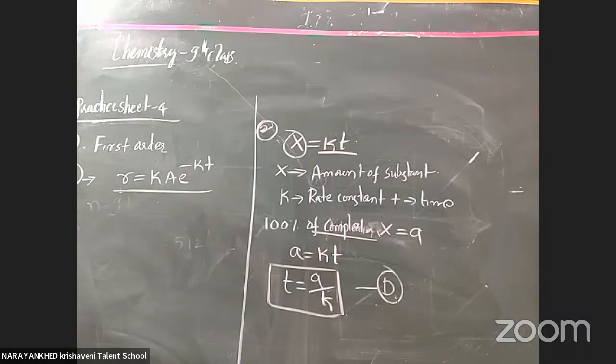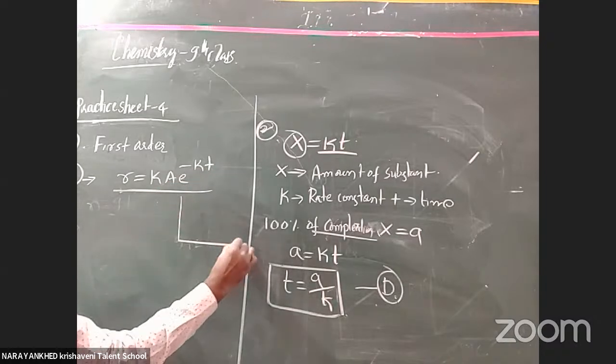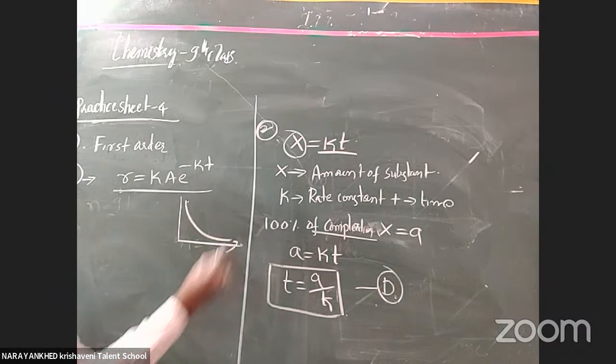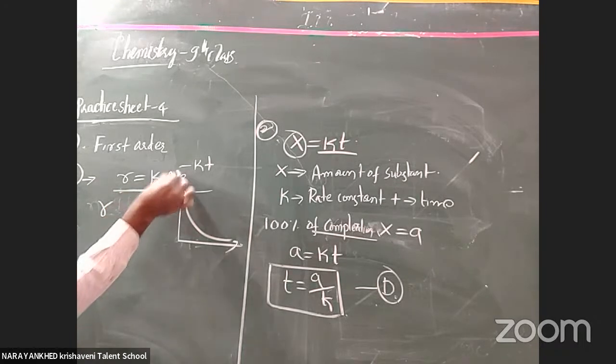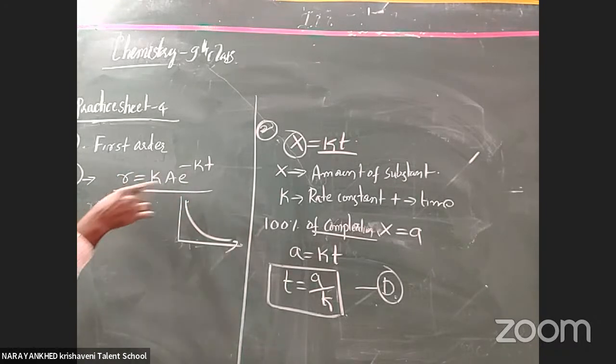Yes, the terms of K as well as T. Then exponentially, it will become what? It decreases like this. Okay, clear or not, all the students? Exponentially it decreases like this, and that's why the rate of reaction actually depends on this.